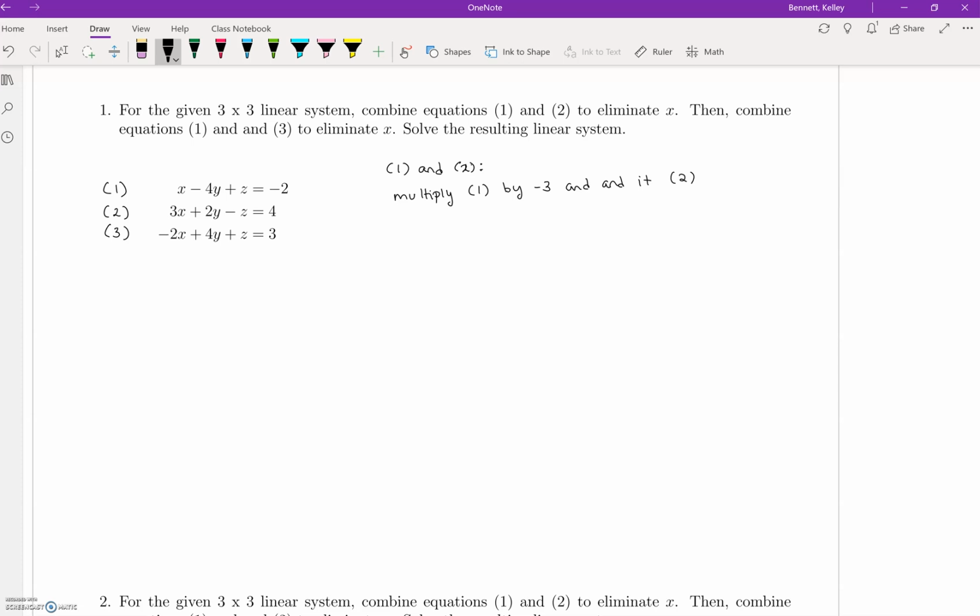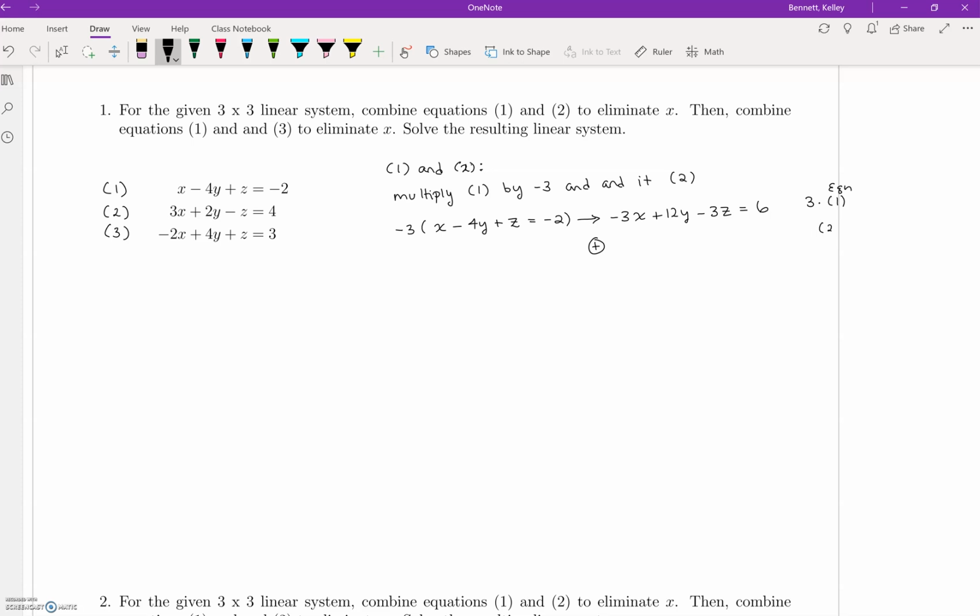So I'm going to get -3 times x minus 4y plus z equaling -2. That becomes -3x plus 12y minus 3z equals 6. And I want to add that. So just to be clear, this is -3 times equation 1.